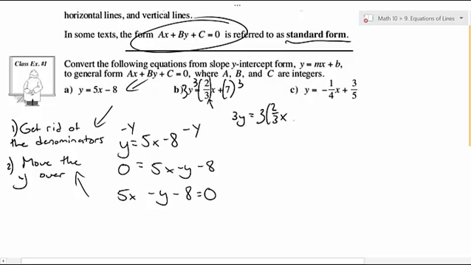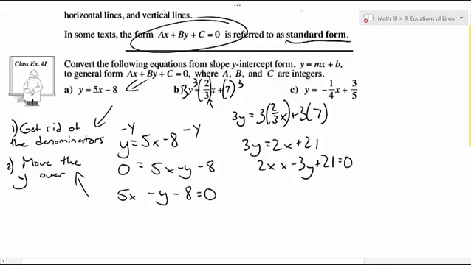That's going to get us to 3y equals 3 times 2/3 x plus 3 times 7. So we've got 3y equals 2x plus 21. Now we have 2x minus 3y plus 21 equals 0.